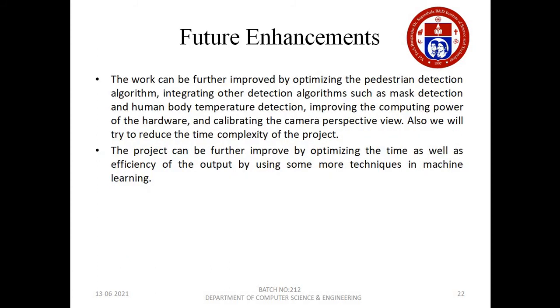Future enhancement. The work can be further improved by optimizing the pedestrian detection algorithm, integrating other detection algorithms such as mask detection and human body temperature detection, improving the computing power of the hardware, and calibrating the camera perspective view. Also, we will try to reduce the time complexity of the project. The project can be further improved by optimizing the time as well as the efficiency of the output by using some more techniques in machine learning.